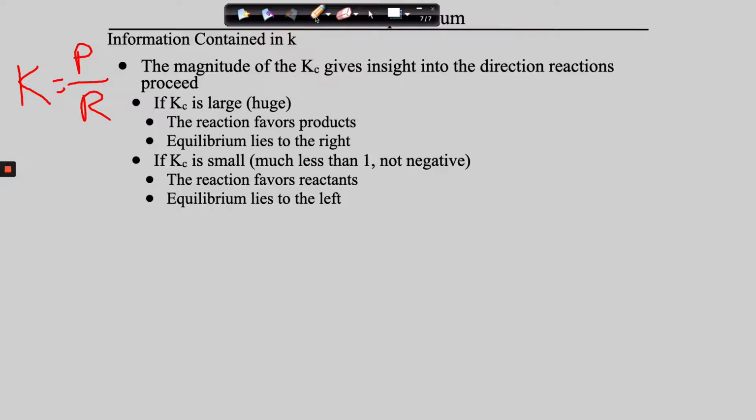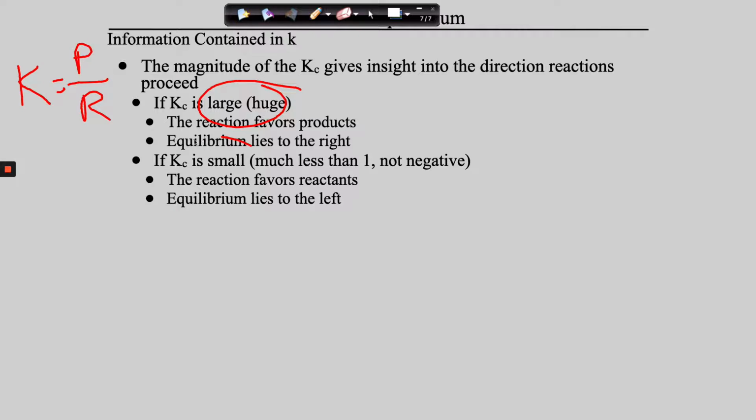You guys good? So let me offer you a way to think about this. When I interpret this idea of Kc big or Kc small, what I like to do is ask myself, which one is bigger? So if Kc is large, that means the numerator is large, and that means there's more product.